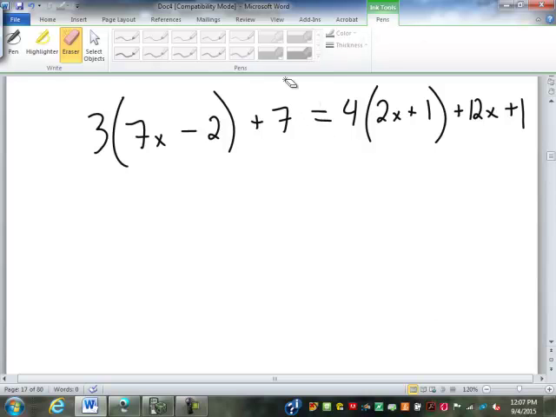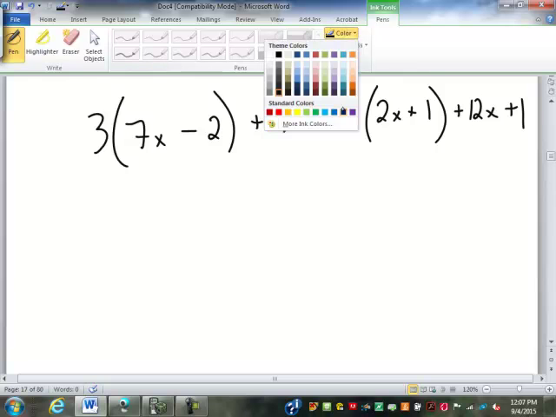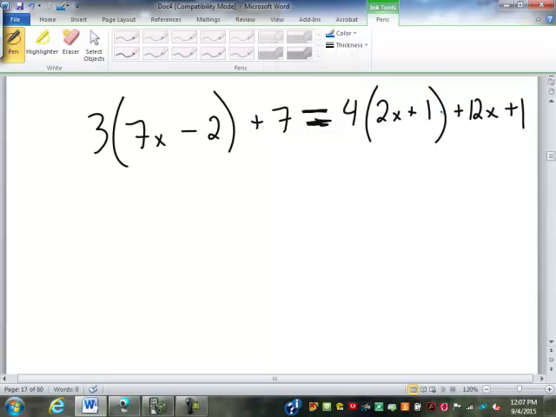Now, when we have an equation as complex as this one, we can actually take the equal sign and work with each side separately. So I'm going to work on the left side first. Over there, I see parentheses, which should always draw my attention and tell me to start there first. So in the parentheses, is there anything to do? No. Is there anything to do to the parentheses? Yes, there is.